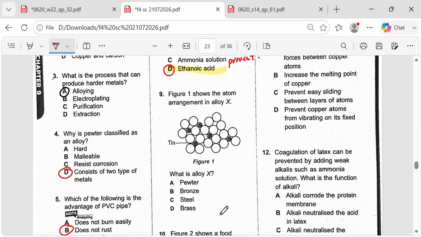What is alloy X? Tin. It has tin. Tin is the one with rods.